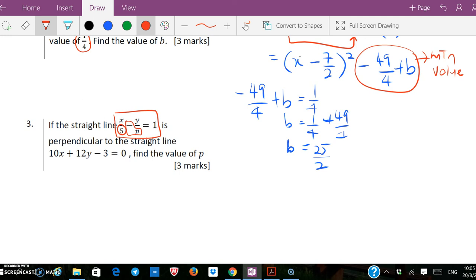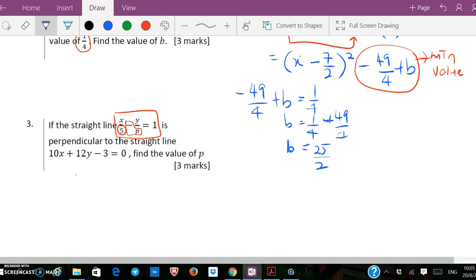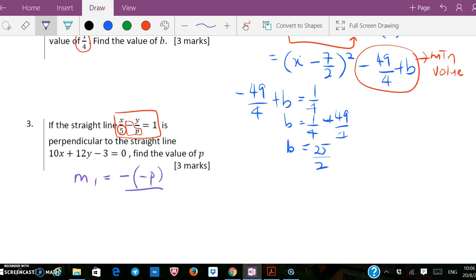So in this case, we do this. For the first equation it's so easy. The m1 here is going to be negative y-intercept over x-intercept. In this case, the y-intercept is negative p over 5. For m2, there is another trick that I can teach my students, but it takes a lot of exercise.